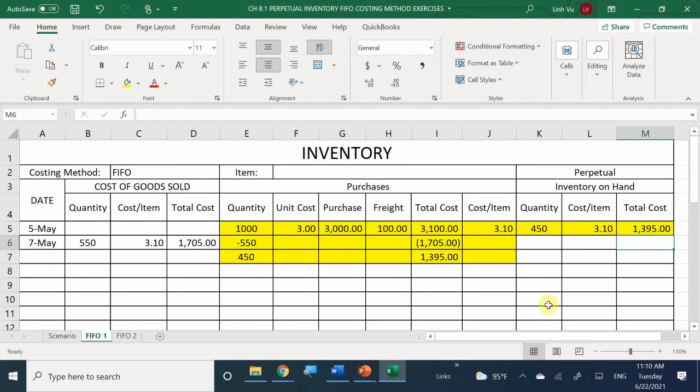Anything in your inventory on hand, dates don't really matter in this case. We're keeping it in order of exactly how we're purchasing it. Every time we purchase something, we're going to be plugging it into our inventory on hand. So you only enter the thousand and the previous amount just so we understand the steps. But when we practice this, we don't need to be entering it.